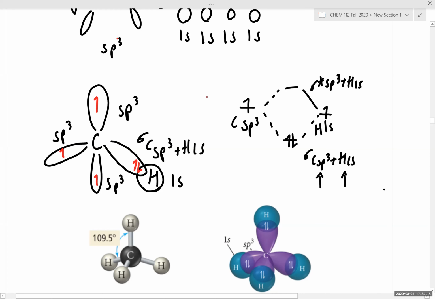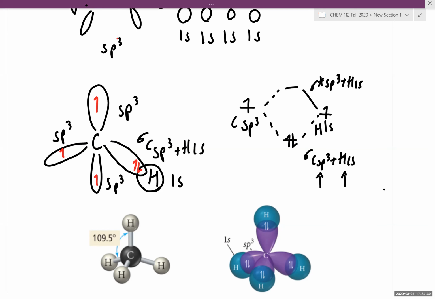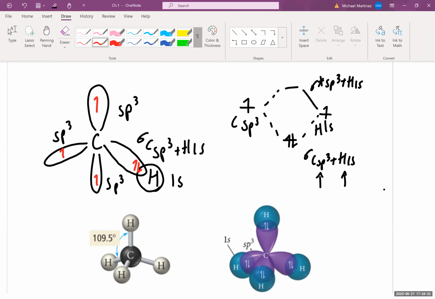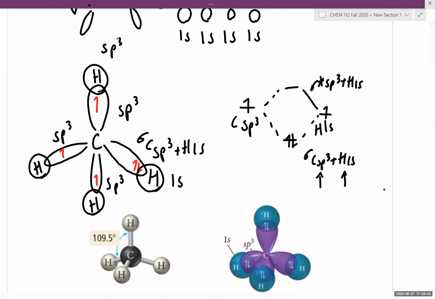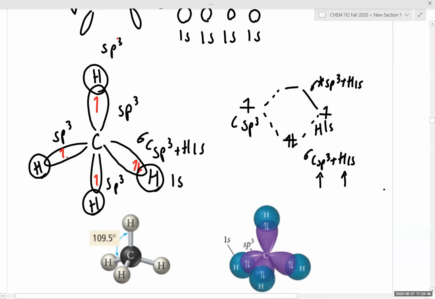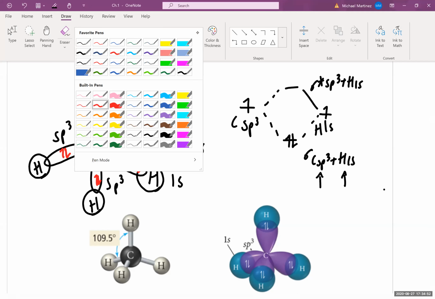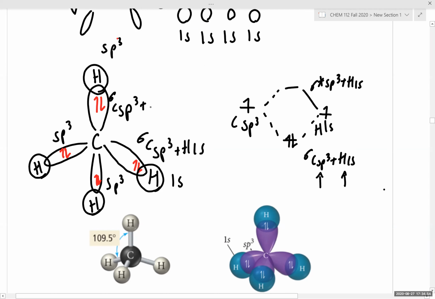This can help us get a sense of the relative energy of different bonding orbitals, and it can help us understand why some bonds are more reactive than others. We can repeat this process for our 3 other hybrid orbitals, in which case we now have a total of 4 bonding orbitals, each consisting of a sigma bond between a carbon sp3 orbital and a hydrogen 1s orbital.